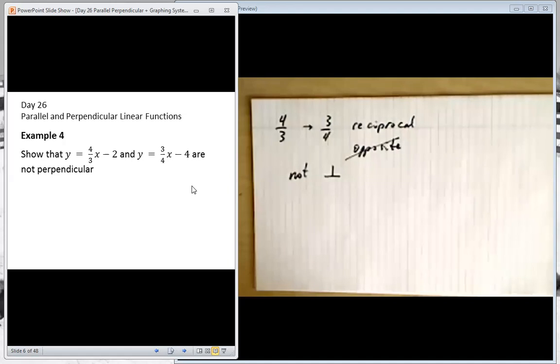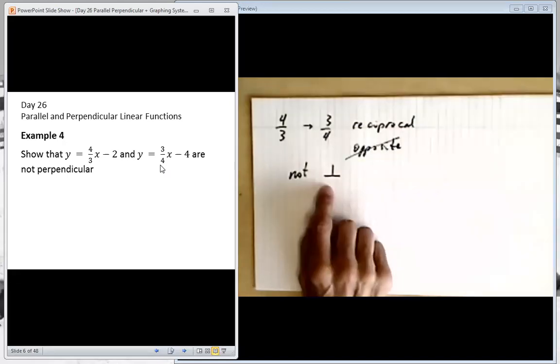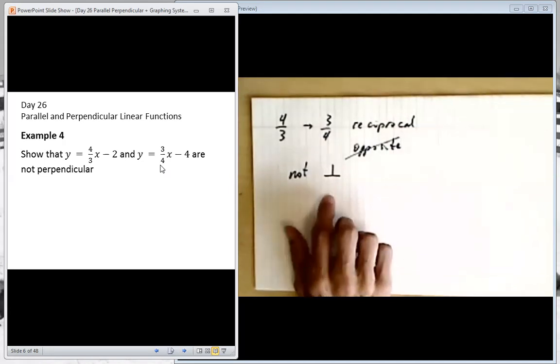The sign is plus 4/3. Exactly. The signs have to be opposite in order to be perpendicular. It's sort of a math fact for now that you have to remember, but once we start drawing some pictures, then you can see.